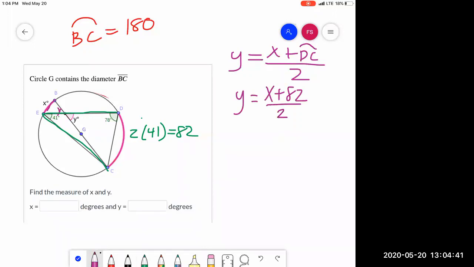Now, solving for X is where it's going to get a little bit complicated. And this is where a lot of people got stuck. So far, I know this DC part. And I know this whole BC part, and then I'm going to use this ED part and subtraction to figure out what X is.